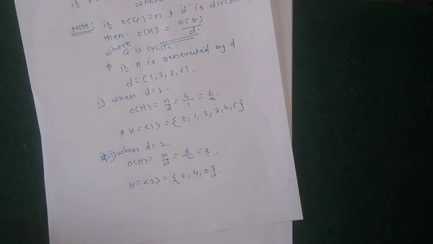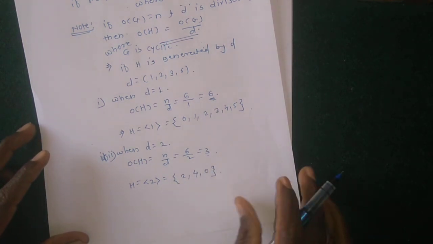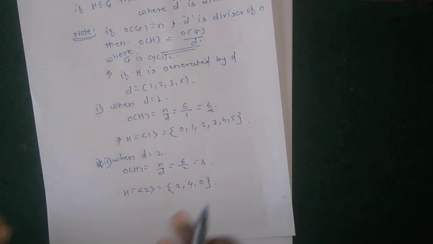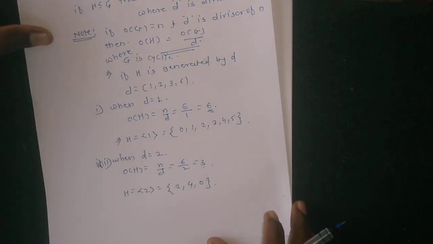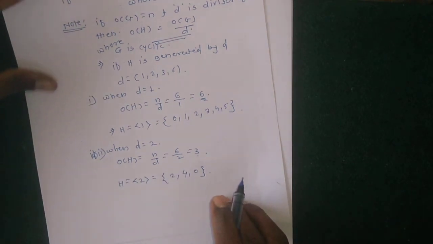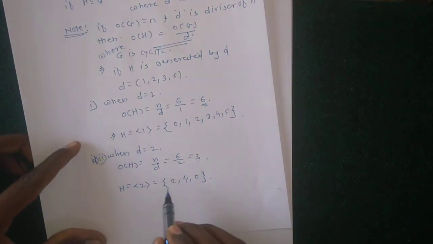Generated by 2: 2, 4, 0, 2, 4, 0, these elements are repeated. Why are these elements repeated?